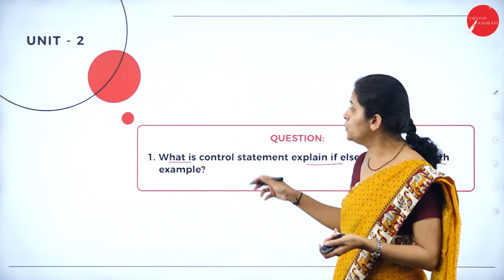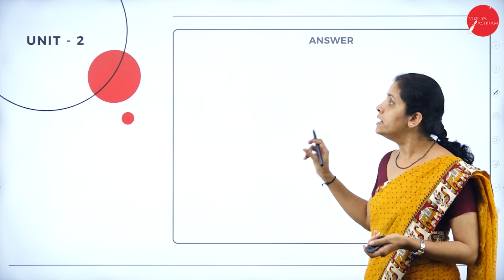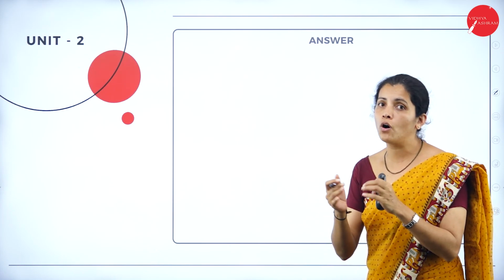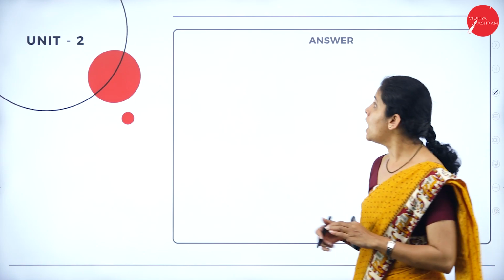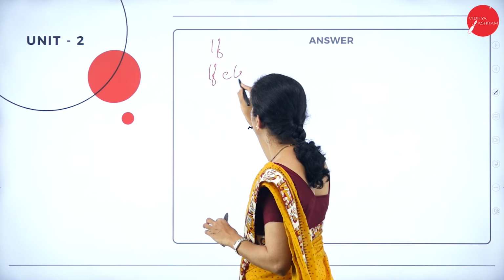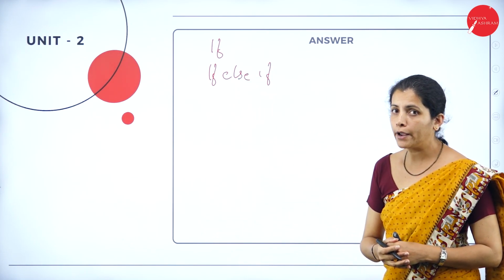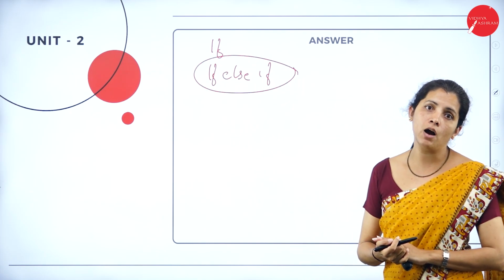If I use a decision making statement in my program, then it is going to change the execution flow of the program. If I consider decision making statements, I have simple if, if else, nested if, and so on. And according to this question, you have to focus more on the if else if statement.